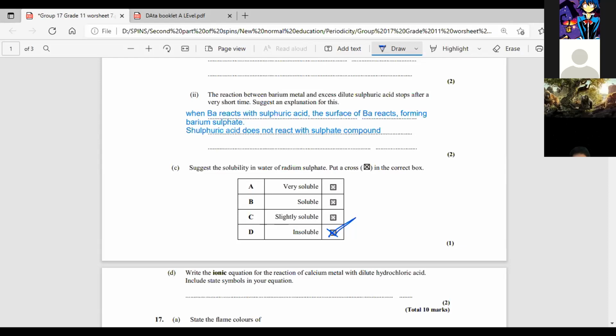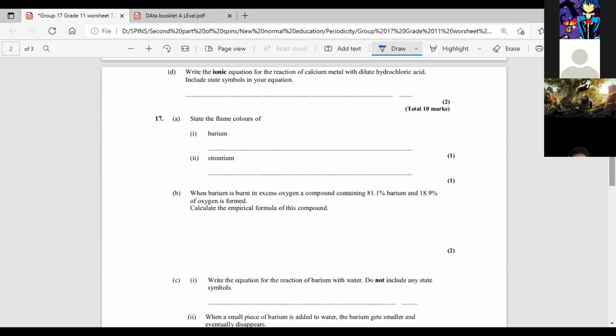Then next, write an ionic equation for the reaction between calcium metal and hydrochloric acid. Include state symbols in your equation.